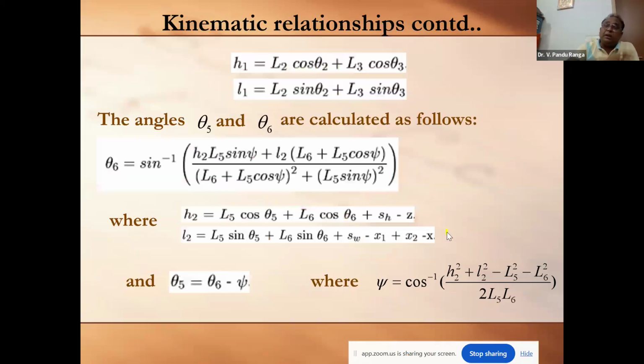With a similar procedure for the stance leg, using H2 and L2, we will be able to calculate theta 6 and theta 5. So we could calculate theta 2, theta 3, theta 5, and theta 6.